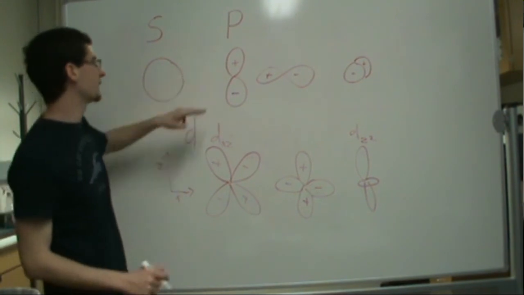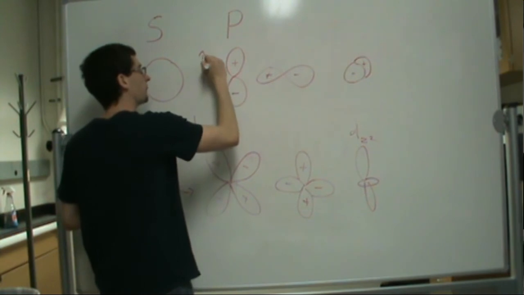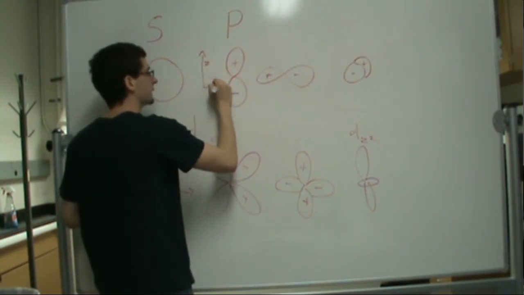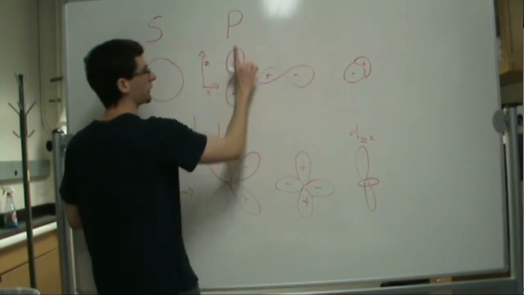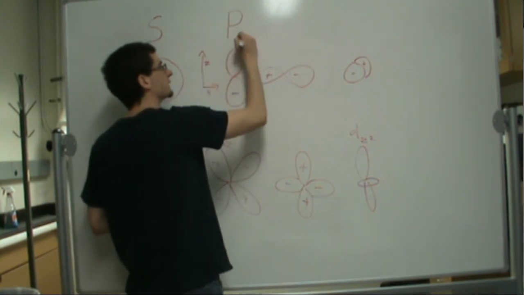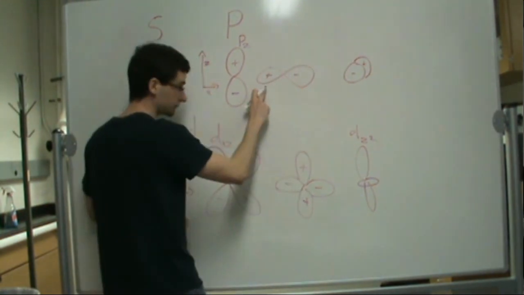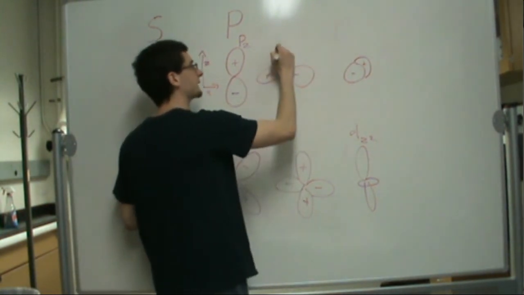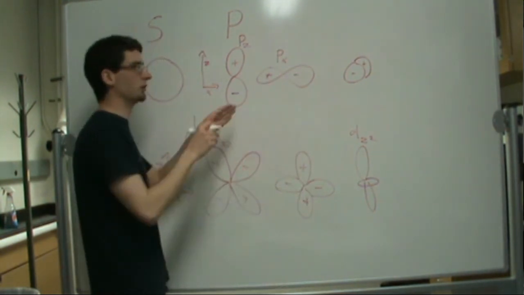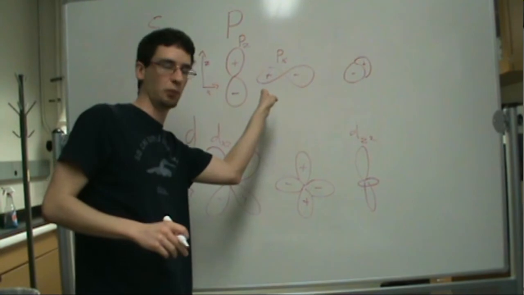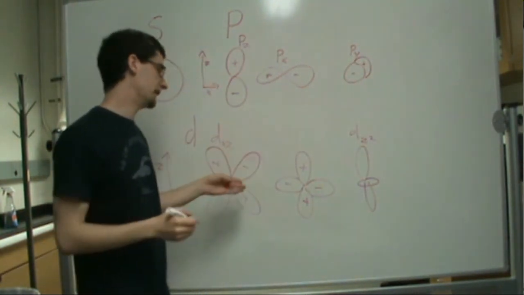So if we were looking at something similar, let's call this the z-axis for p orbitals and this the x-axis. Since this p orbital extends along the z-axis, this would be known as the pz orbital. In this case, since our orbital is going along the x-axis, we would call this the px orbital. And we're going to assume our y-axis is going into the board, so this would be our py. So that's how you go about naming these orbitals.